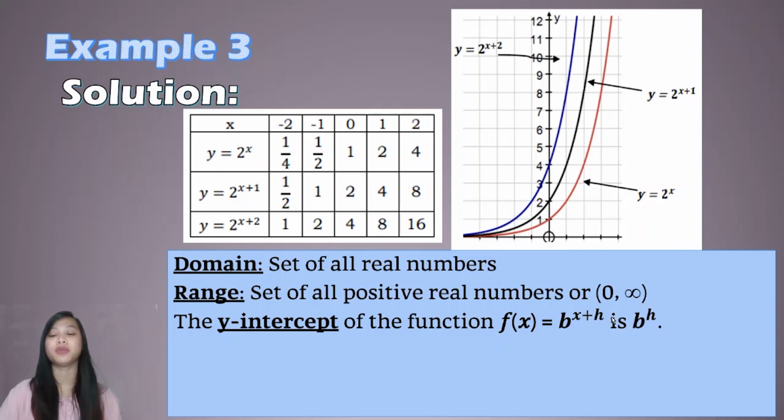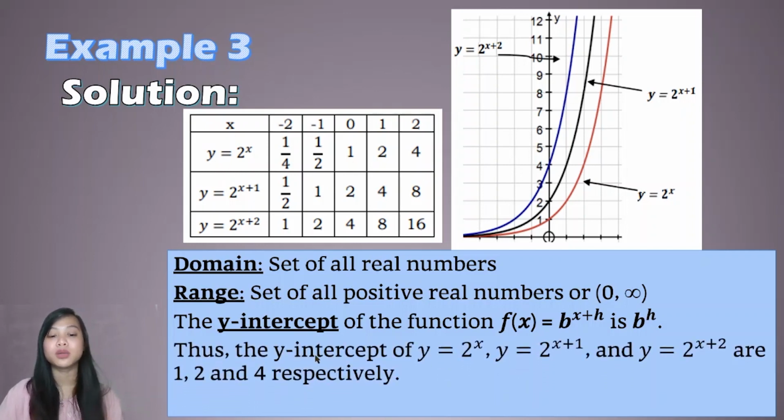So for the first graph, y equals 2 raised to x, the y-intercept is 1. How does it become 1? We don't have a constant term, that means it is 0. So our base 2 raised to 0 is equal to 1. That's why the y-intercept for this red graph is 1.